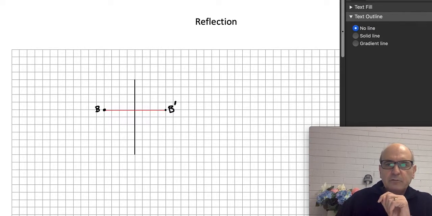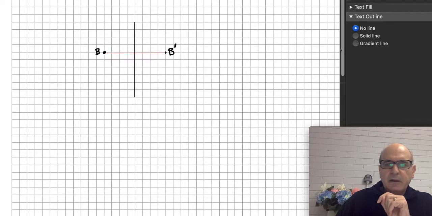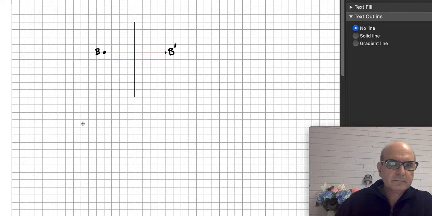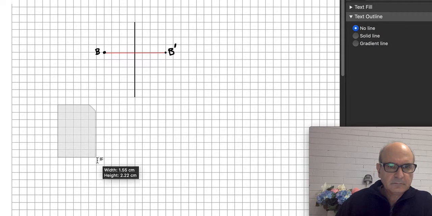What if I want to find the reflection of a shape? All right, say for instance I have this shape here.